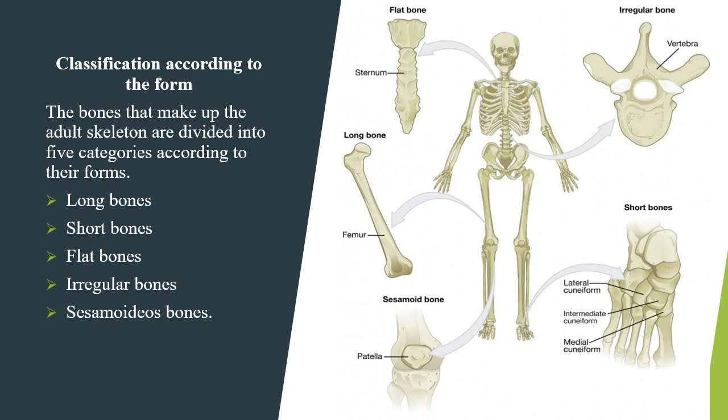For example, the sternum is a flat bone. The femur is a long bone. The patella is a sesamoid bone. The vertebra is an irregular bone.